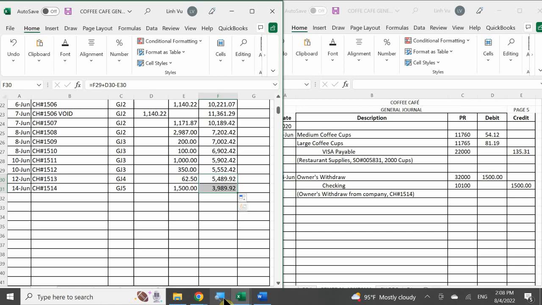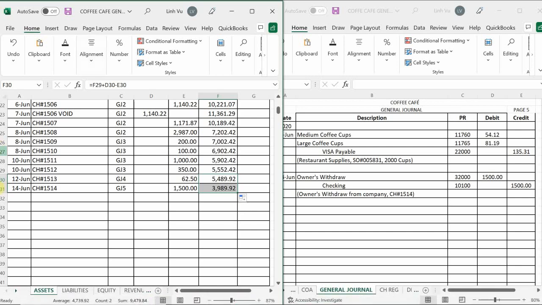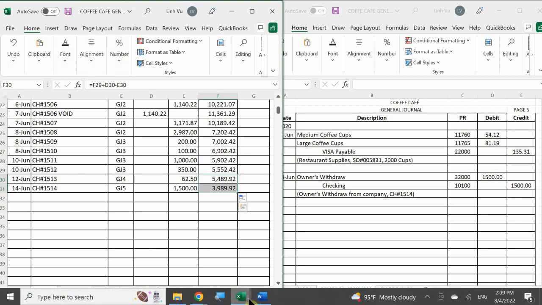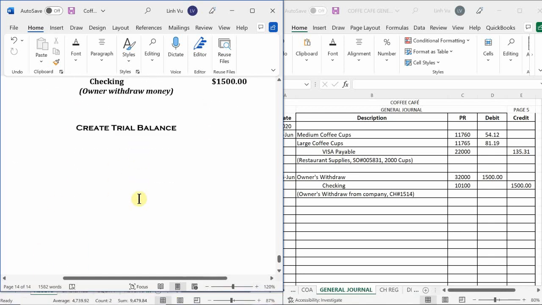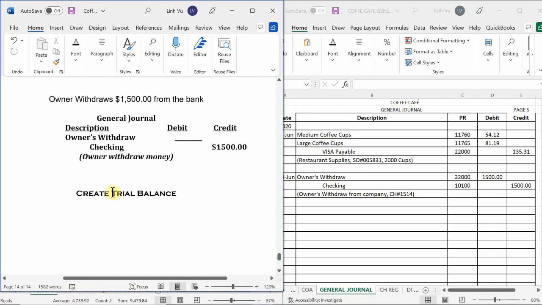No customer, no vendor, no employee, no commissions. Nobody was involved except for himself, the owner. So this is considered an internal transaction, and there's no need to update the subsidiary ledger either. That means we're completely done, because this has nothing to do with inventory. So that means we are finally done with week 2.